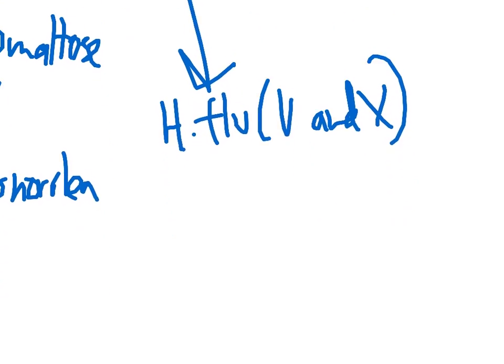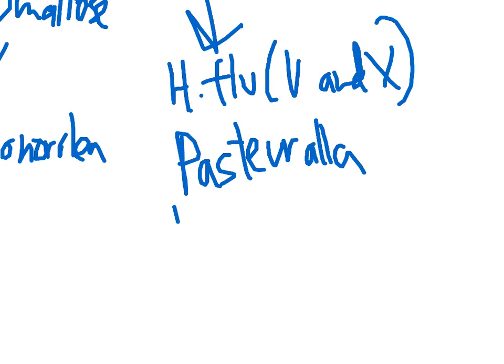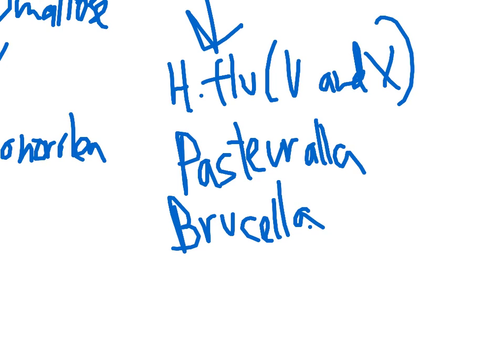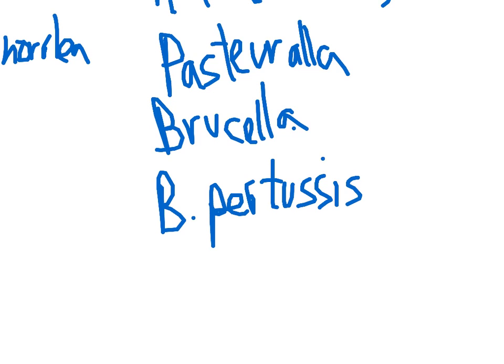Some other ones you might have are Pasteurella, where you get this from cat bites; Brucella, which causes brucellosis; and finally, Bordetella pertussis. So these are kind of miscellaneous coccobacilli, but it'll say that in the question stem.